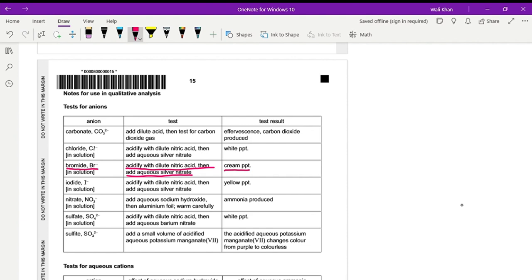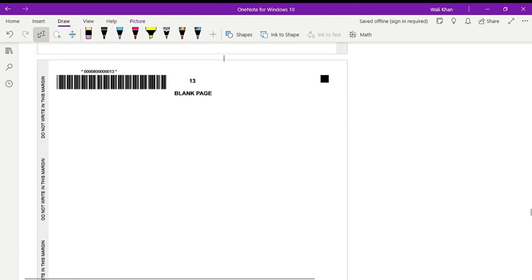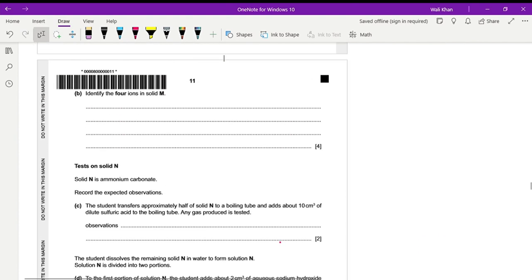Then sulfate: acidify with dilute nitric acid, then add aqueous barium nitrate, it is a white precipitate. So we find out the 4 ions that are iron, potassium, bromide and sulfate.